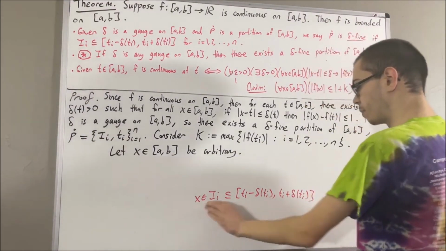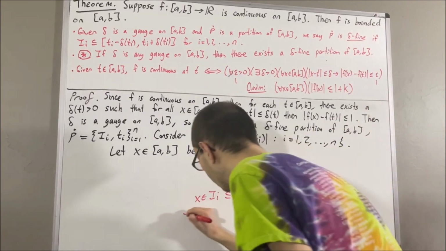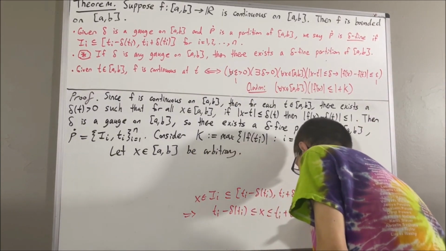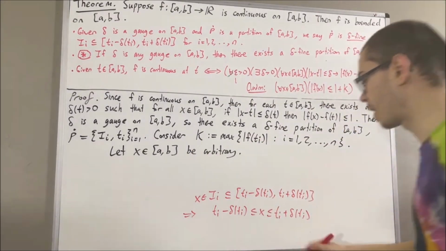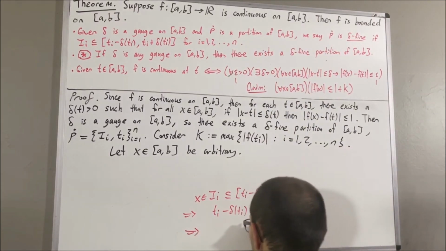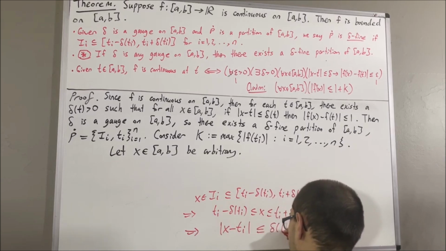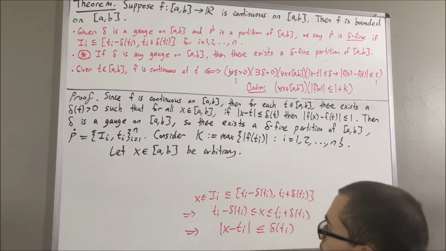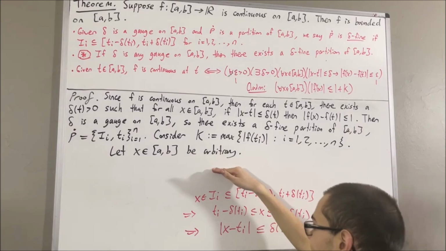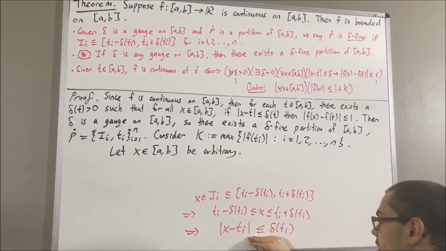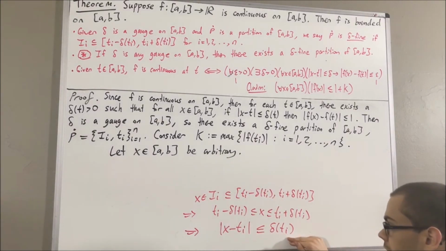And therefore, x must be between these two values. And from properties of absolute value, this is the same thing as saying absolute value of x minus t_i is less than or equal to delta of t_i. So from here, we should be able to find a tag t_i such that absolute value of x minus t_i is less than or equal to delta of t_i.